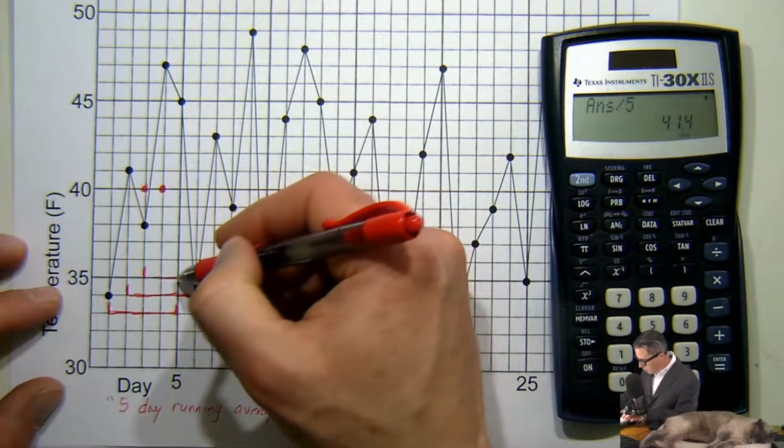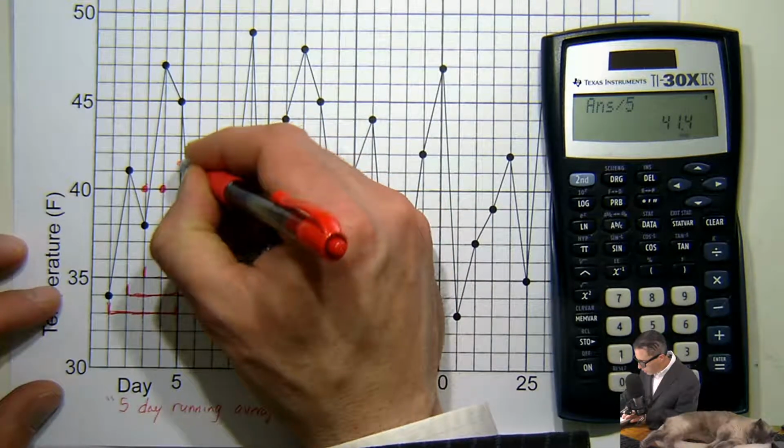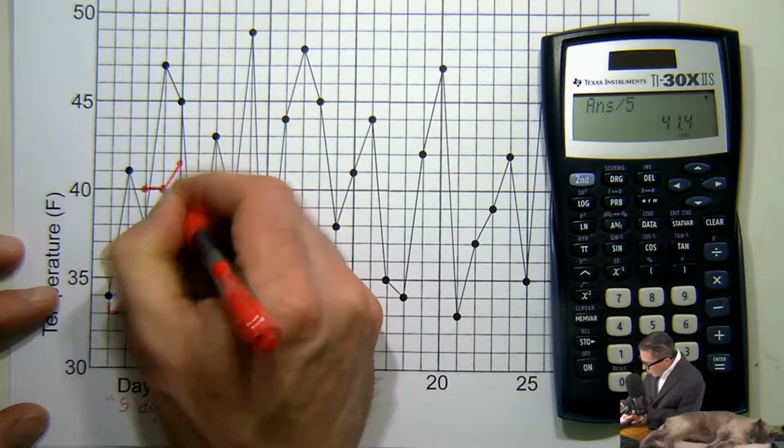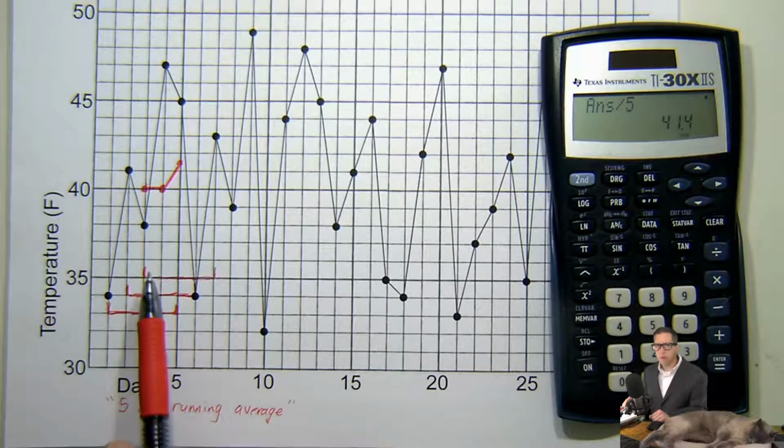So now the center of this window, 41.4, something like this. So I'm starting to build this new graph of red dots that is the long-term trend.